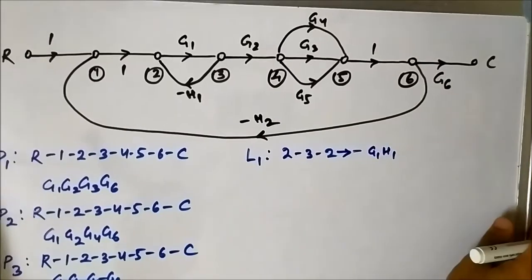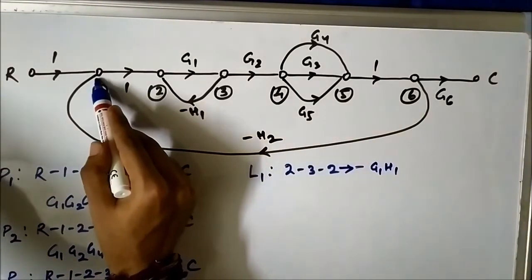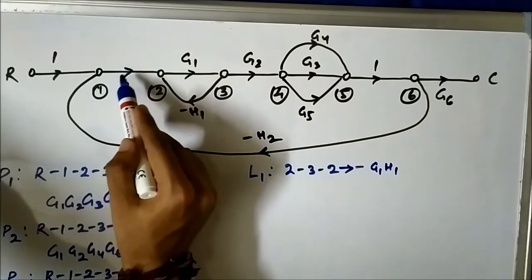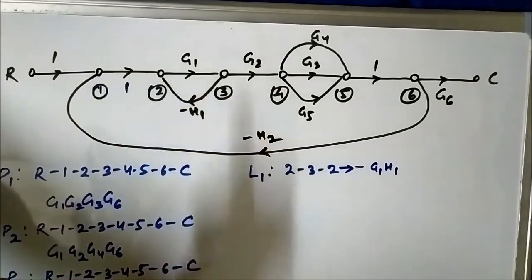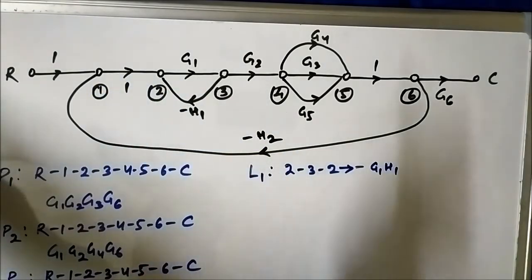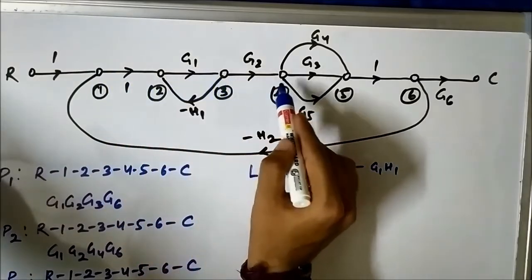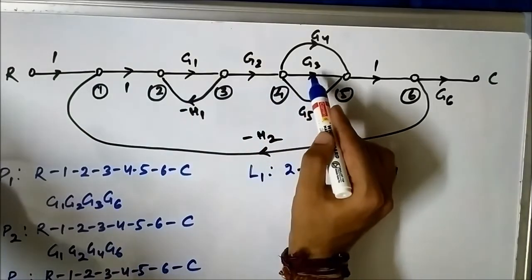The second loop: see this node 1, it has one outgoing arrow and one incoming arrow, so it has a loop associated with it. Now see, it will be interesting. One loop will be 1, 2, 3, 4, 5, 6 and again back to 1 along G3.